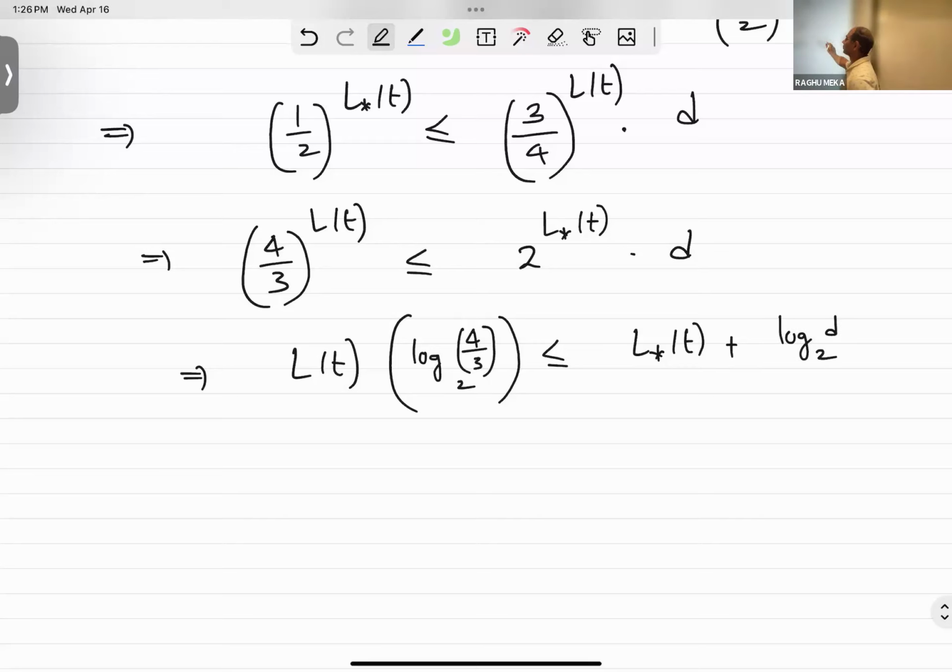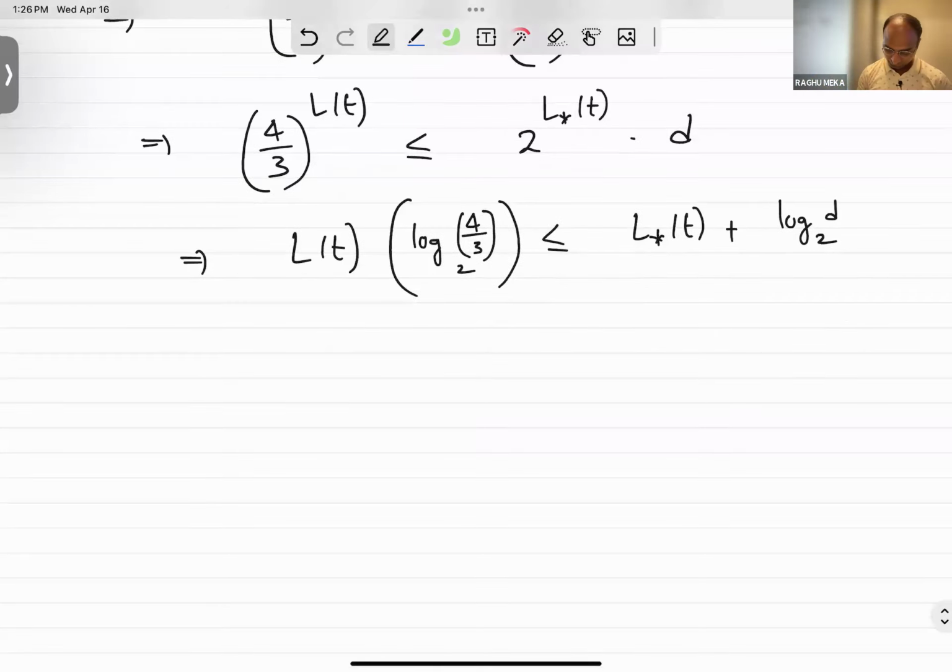So let me take log base 2 of this inequality, and I get log of 4/3 base 2, and that's where the 2.4 comes in. So this implies that the total loss that I have is at most this factor.